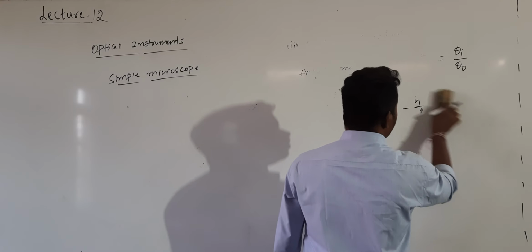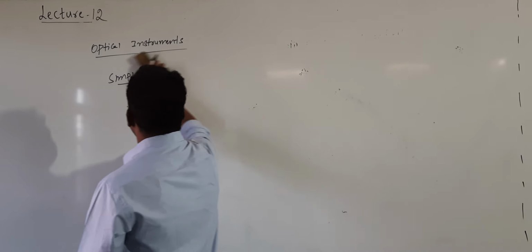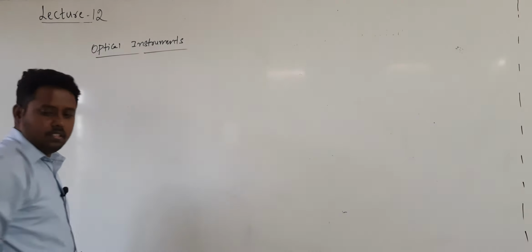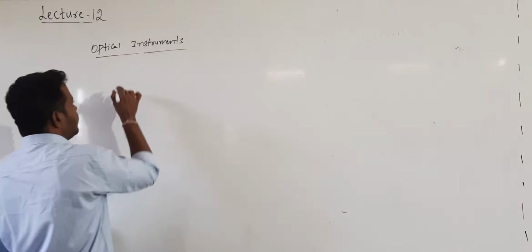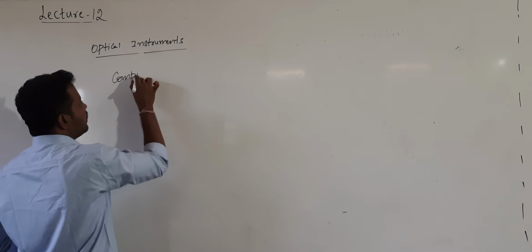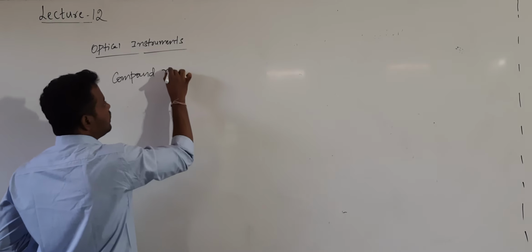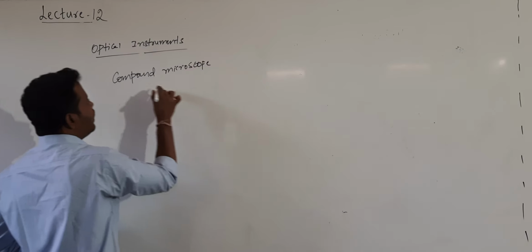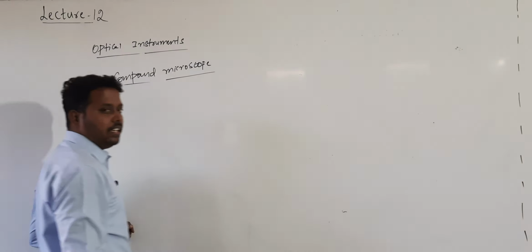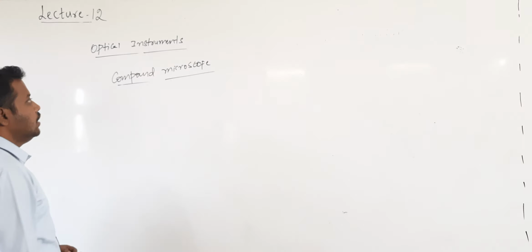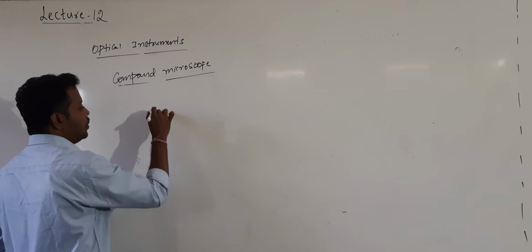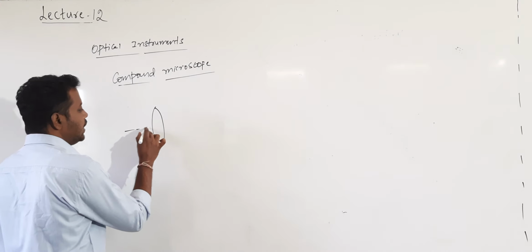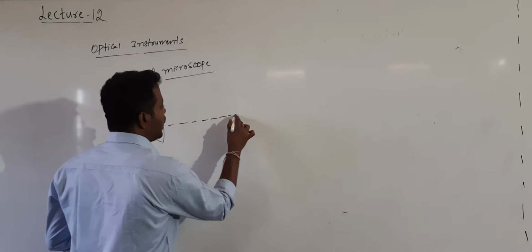After knowing the simple microscope, next we will discuss the second one, that is the compound microscope. A compound microscope is an optical device which is used to see the enlarged or magnified image of a tiny object. The difference between a compound microscope and a simple microscope is that in a simple microscope we have only one lens, whereas in a compound microscope there are two lenses.